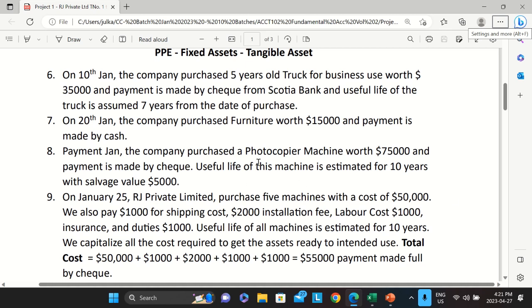Now, what should be the entry for this? The entry will be the photocopier machine, or you can write a machine or photocopier machine. It's up to you. So better to write the photocopier machine. And how is the payment done? Payment is done by check, and we know that Scotia Bank is the bank which is operated by the company. So photocopier machine account debit to Scotia Bank.